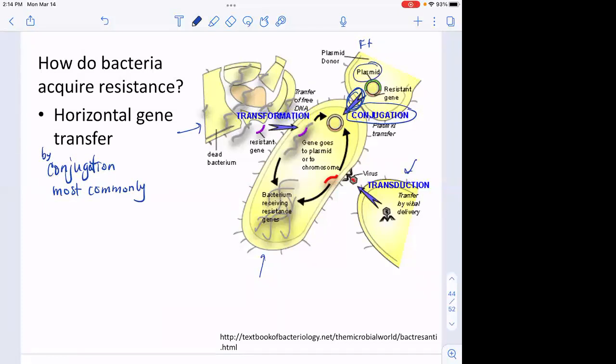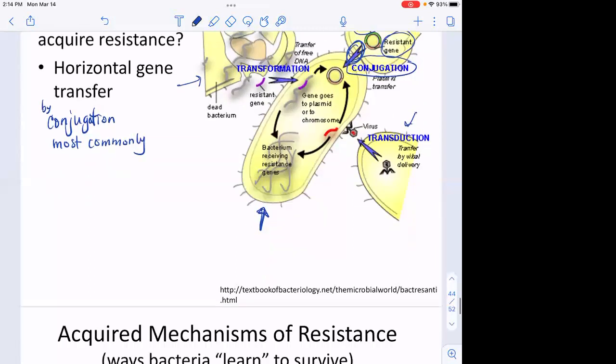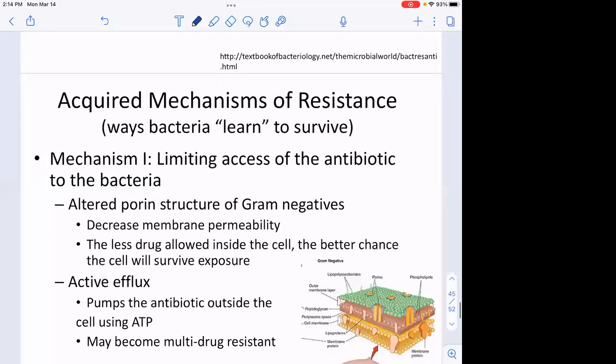It copies its plasmid, and maybe other plasmids that would have that resistance gene, that information, and we'll talk about what that information is in a minute, that would allow this cell to be able to live in the presence of that antibiotic.